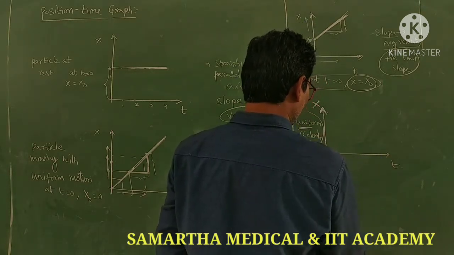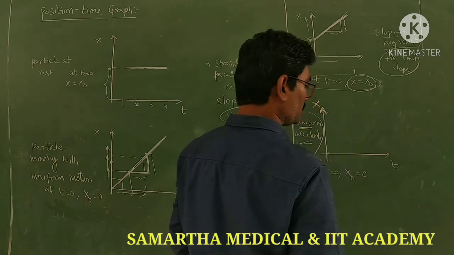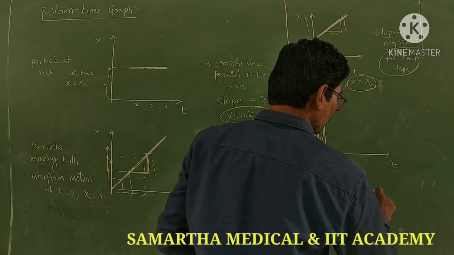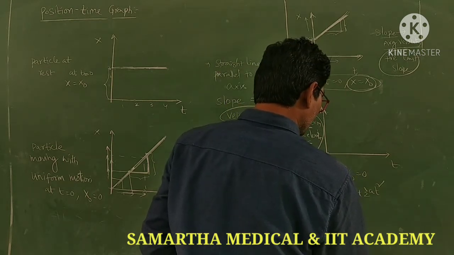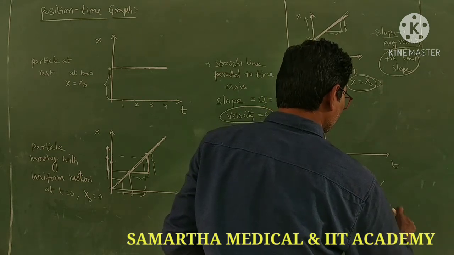Suppose at time t equal to 0, the position of the particle x naught is equal to 0. You know the formula s is equal to ut plus half at square, where s is x minus x naught, equal to ut plus half at square.